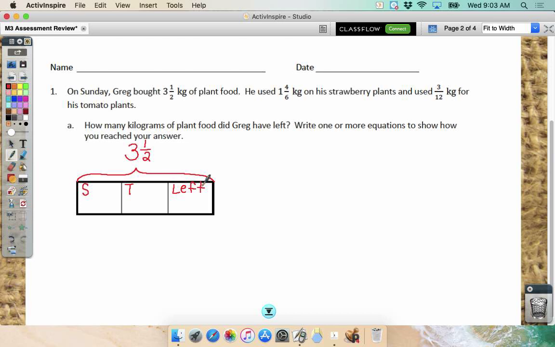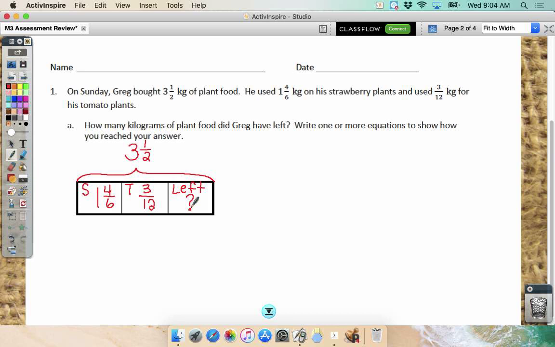Okay, so how much did he use for the strawberry plants? 1 4/6. So write that down. And how much did he use for the tomato plants? 3/12. Okay? And then we want to know how much he has left.